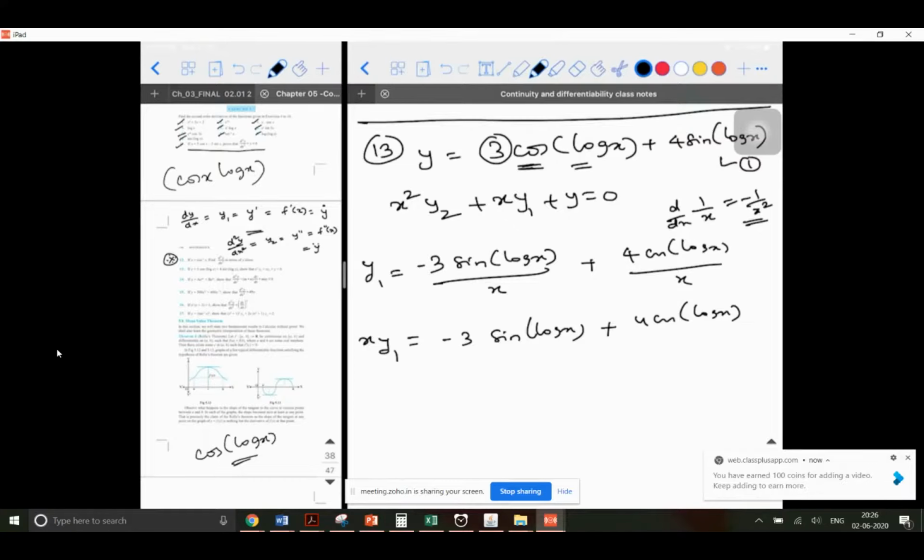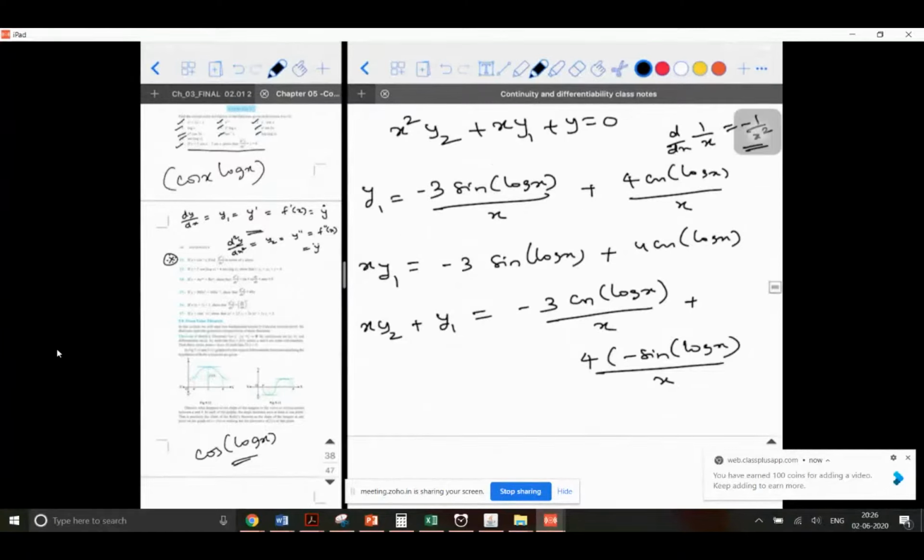Yeah, and after that I took derivative of xy1. So you get xy2 plus y1, so you're treating it as an implicit function. That is equal to minus 3 cos of log x into 1 by x plus 4 into minus sine of log x into 1 by x.